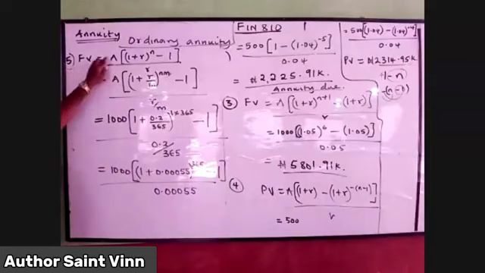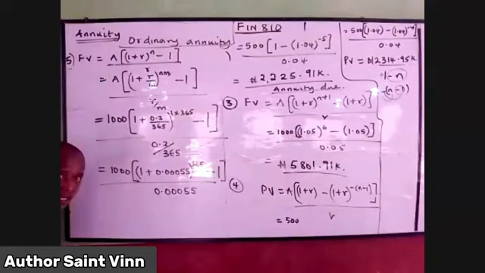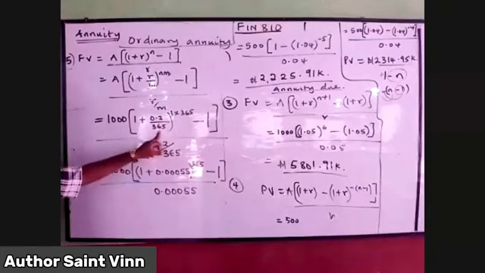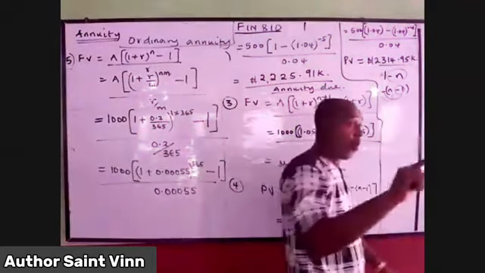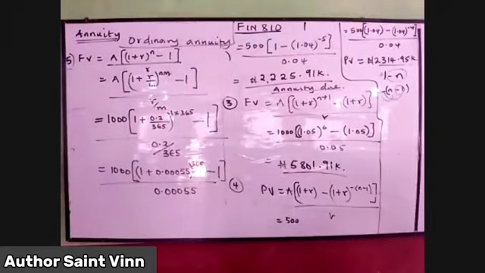Number 5. It's not 5 to 365. 0.2 divide by 365, and they give you 1. Yes, you get that on the calculator.